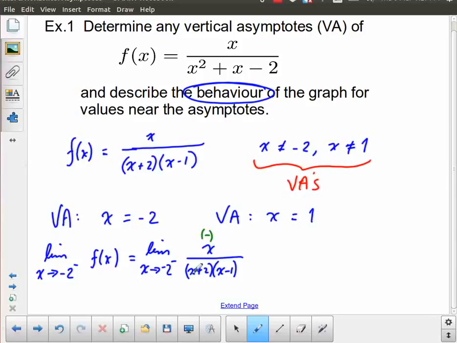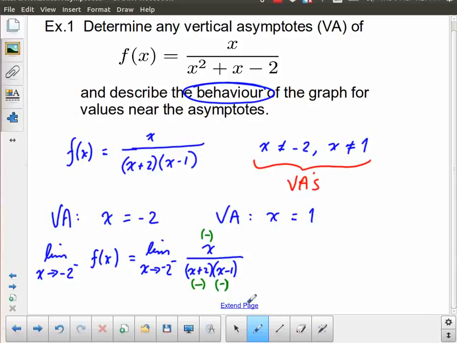As x approaches negative 2 from the left, so for example negative 2.1, negative 2.1 plus 2 becomes a negative number. And as x approaches negative 2 from the left, x minus 1 becomes a negative number too. So all three of these numbers are going to be negative.